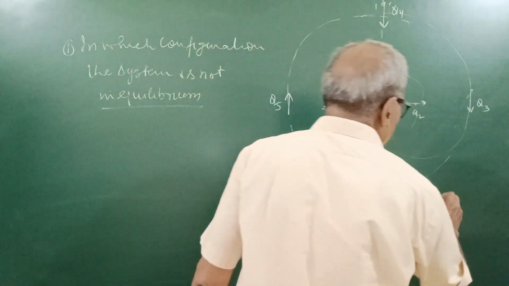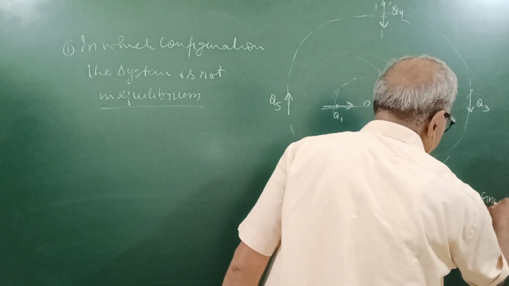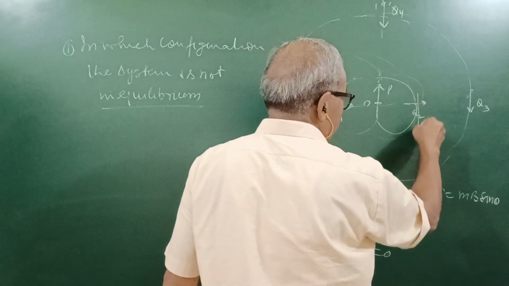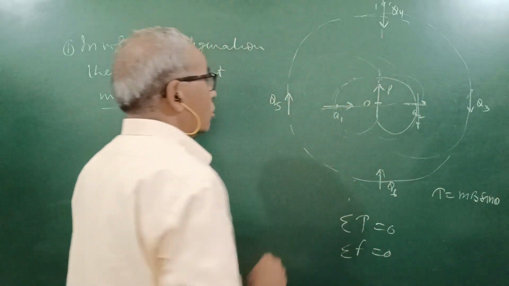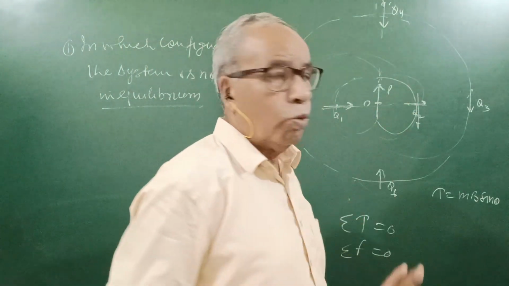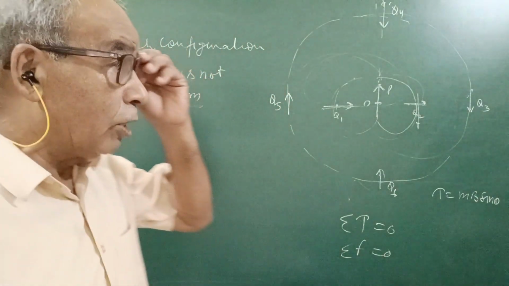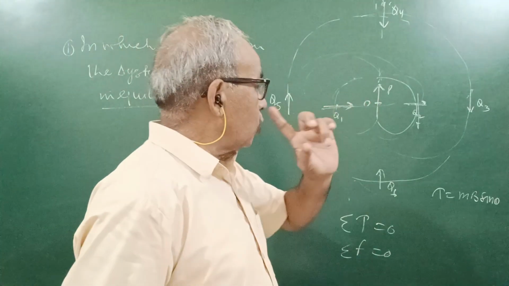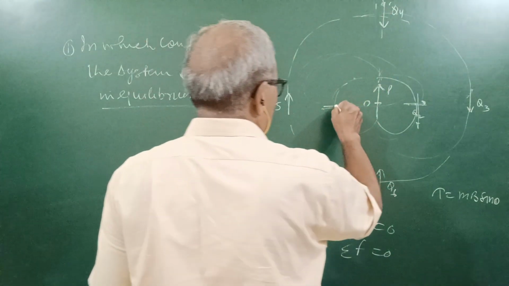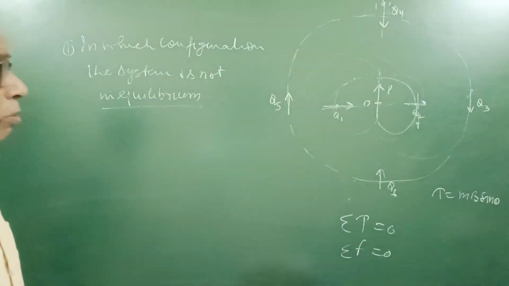And you know the torque on a bar magnet is MB sin theta. The field is like this, so this is perpendicular to this, so maximum torque, here also torque. So in configuration PQ1 and PQ2, the system is not in equilibrium. The resultant force is zero there, but the resultant torque is there in this situation.